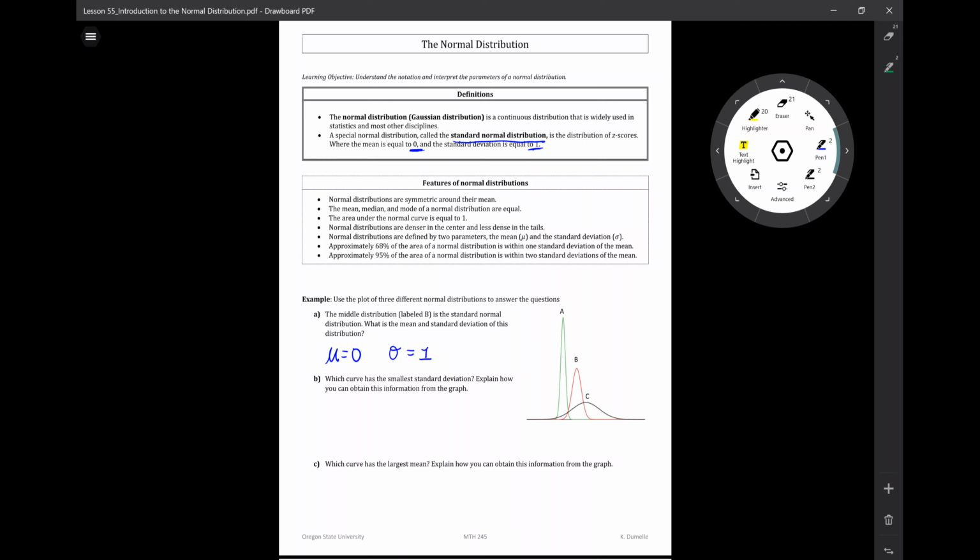All of the data seems to be really closely clumped around the mean or the median in A. In B, our data is a little bit more spread out, so our standard deviation is a little bit higher, and in C, it's even more spread out. So A has the smallest standard deviation, because, according to the graph, the spread is the smallest.